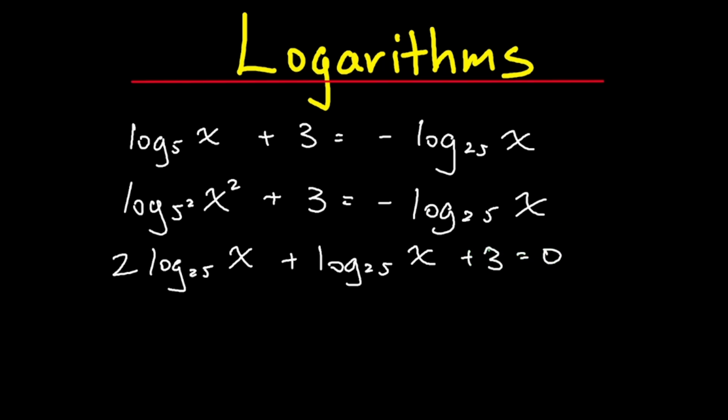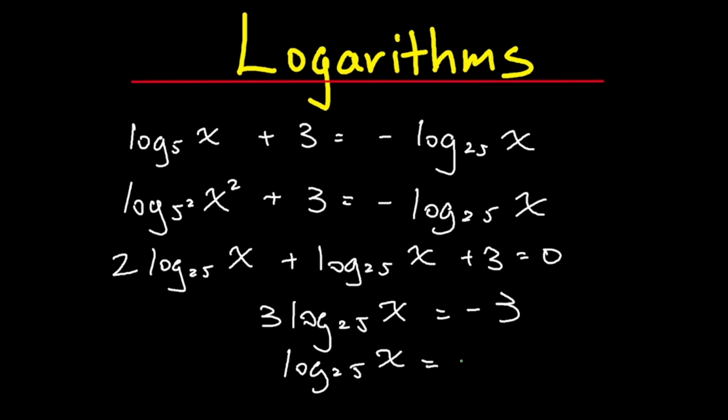And therefore, we have 3 log 25 x equals negative 3, so log 25 x equals negative 1. And therefore, x equals 25 to the power of negative 1, which is 1 over 25.